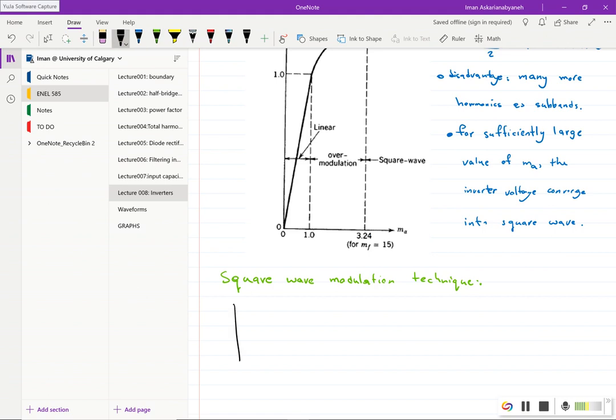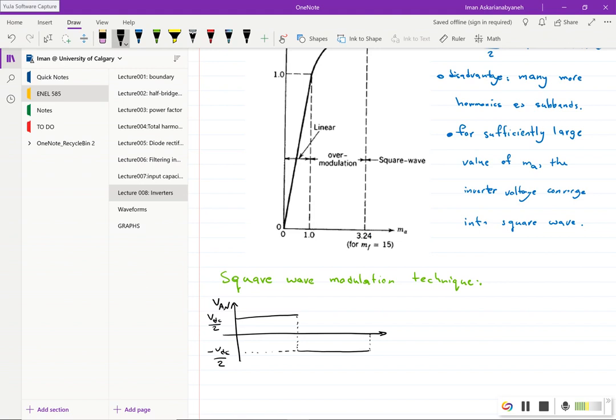If this is VAN, then I would have VAN as VDC over 2 for half of the cycle, and equal to minus VDC over 2 for the other half of the cycle.